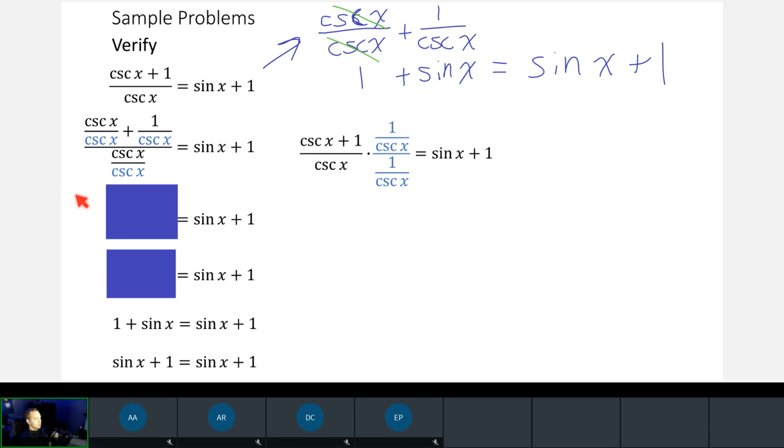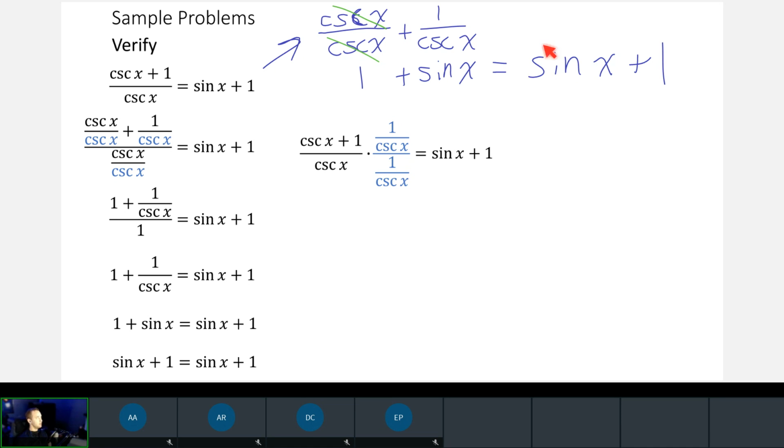All right, then cosecant of x over cosecant of x is just 1, so that can cancel out, and I'm left with this. And then also cosecant of x over cosecant of x is also 1. So let's see what I did in this next step. Yep. And then anything over 1 is itself. And we also know that 1 over cosecant, we talked about it over here, is equal to sine of x.